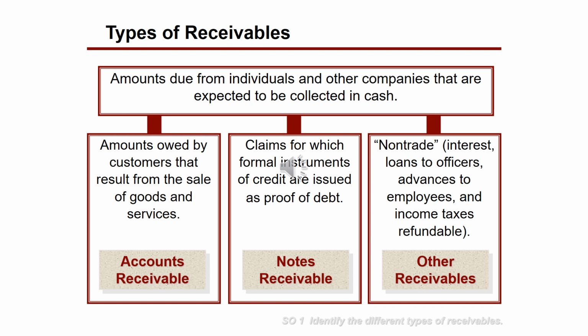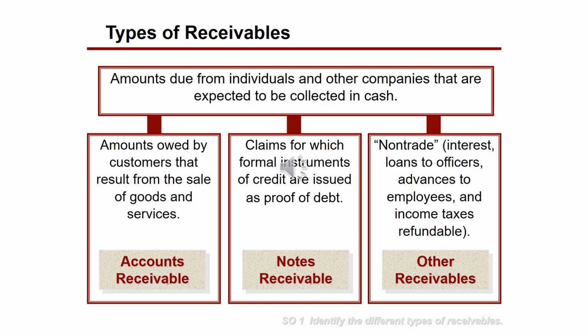The first one is accounts receivable, the account that we have dealt with previously, and we have recorded transactions under this heading. These represent amounts owed by customers that result from the sale of goods and services. The second type is notes receivable, and this represents claims for which formal instruments of credit are issued as proof of debt.